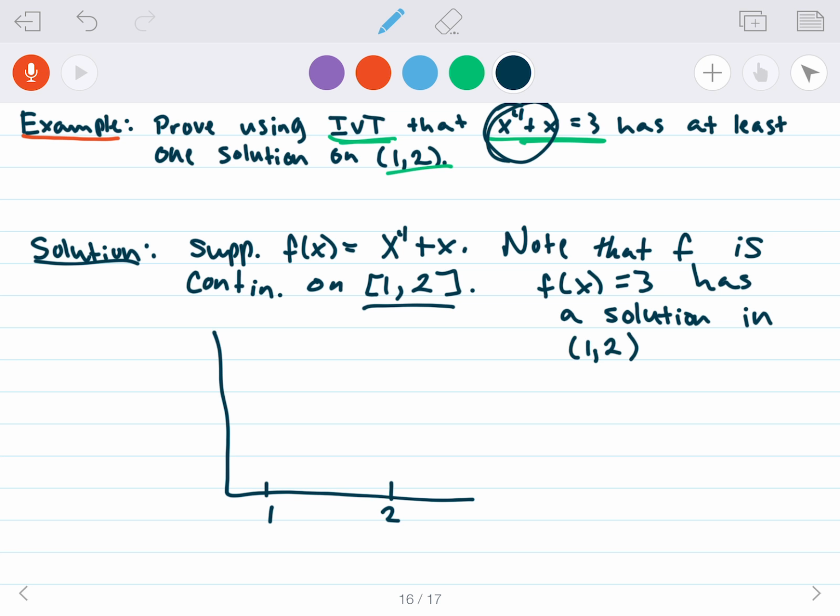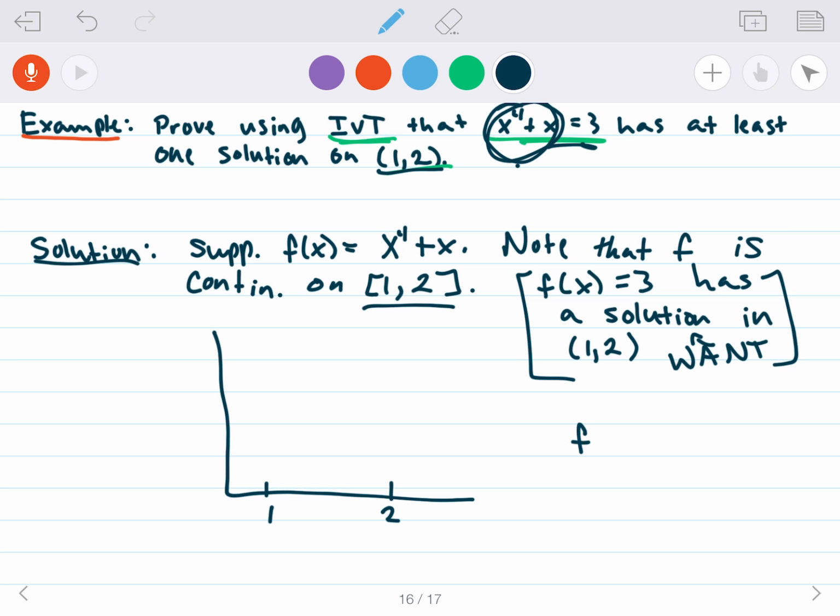All right, we called this f of x. So f of x equals 3 has a solution on [1, 2]. That's what we're trying to show. Okay. So we're going to use the intermediate value theorem.